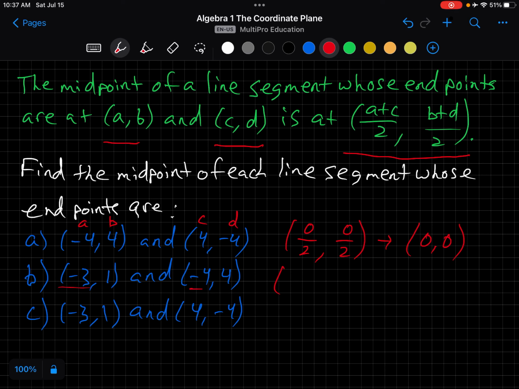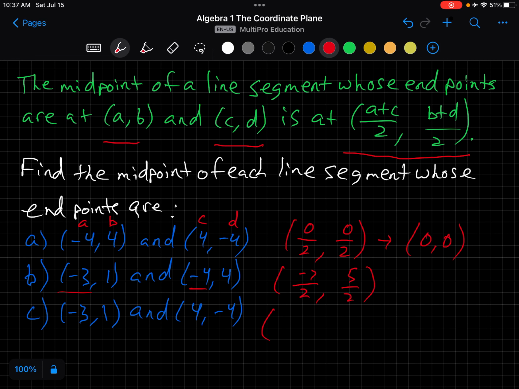Minus 3 and minus 4 is minus 7 over 2. And 1 plus 4 is 5 over 2. Great job. Alright. So then here we have minus 3 plus 4. That's 1. Okay. And then 1 minus 4. That's minus 3 over 2. Great job. We solved these problems.